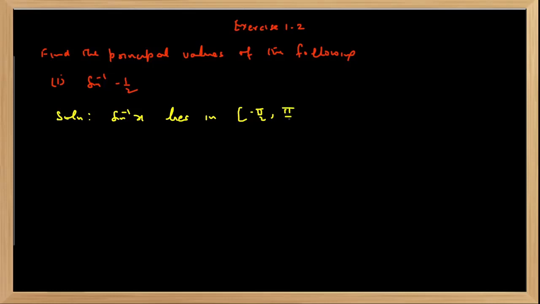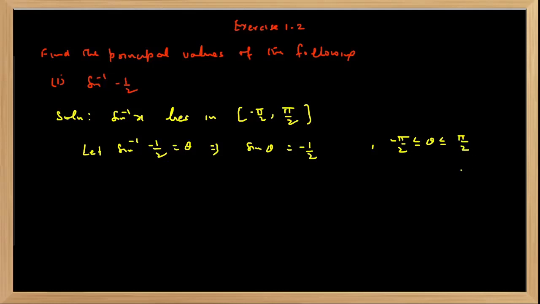It's not necessary that you write this in the examination in a 1 mark question, but it is just a fact. Let sine inverse minus half be theta. So this implies sine theta is minus half, and theta is between minus pi by 2 to pi by 2.